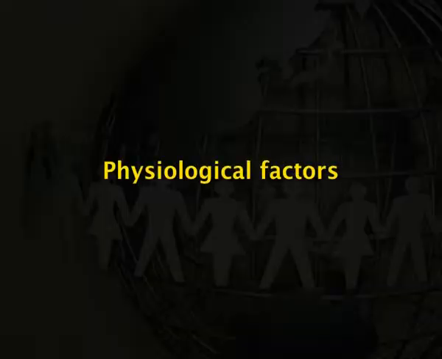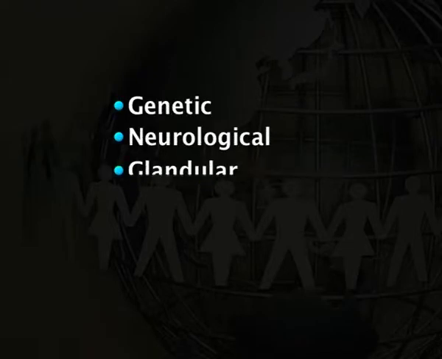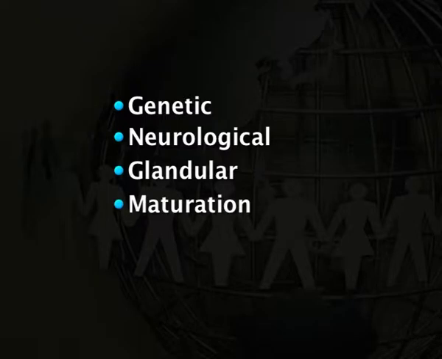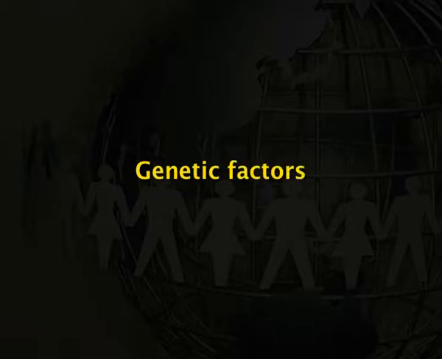Physiological factors: genetic, neurological, glandular, maturation, adaptive capability. These are some of the physiological factors affecting growth and development in the child. Genetic factors: there are two types of cells.